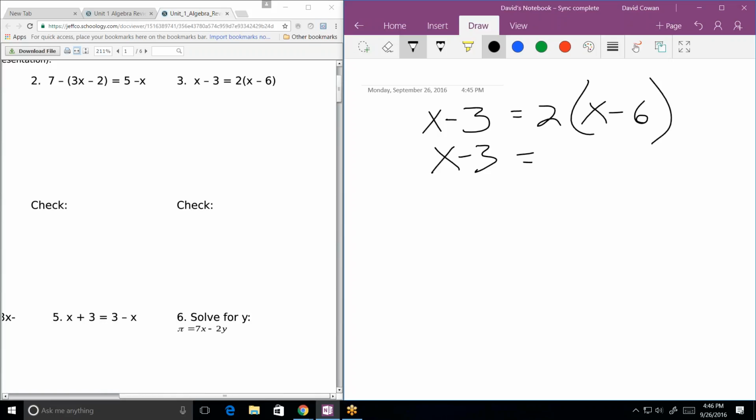What's the next line? Maybe 2x minus 12. Uh-huh. That's all you do. When you distribute a number, you just multiply it by every term that's inside the parentheses. Okay? Alrighty. The next thing we're going to do.